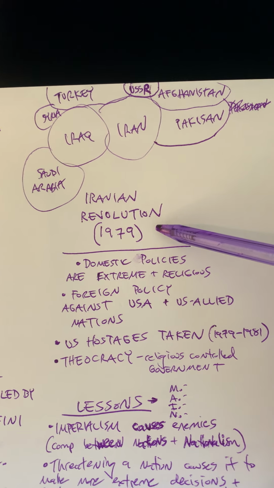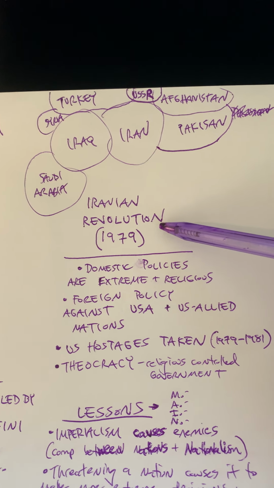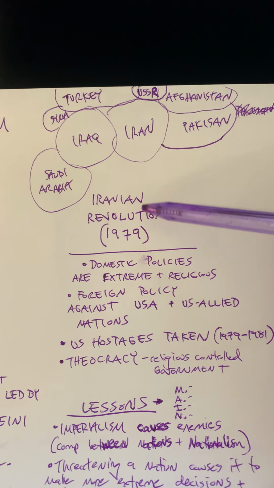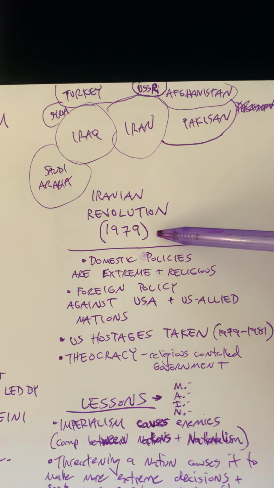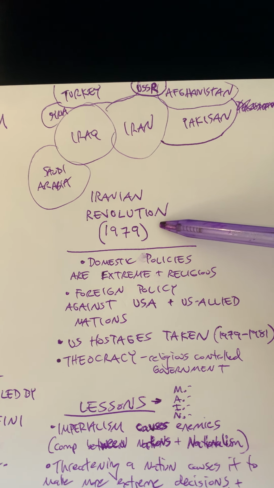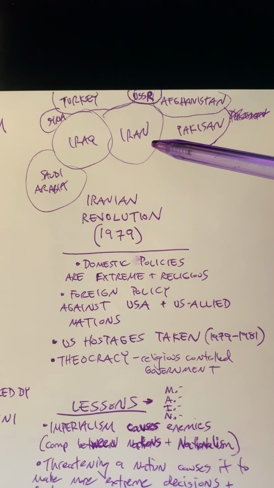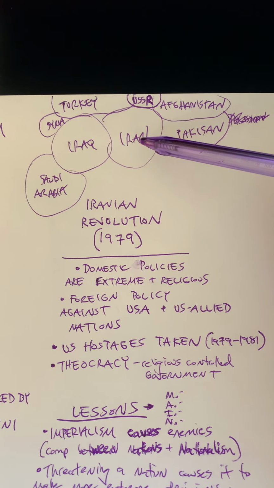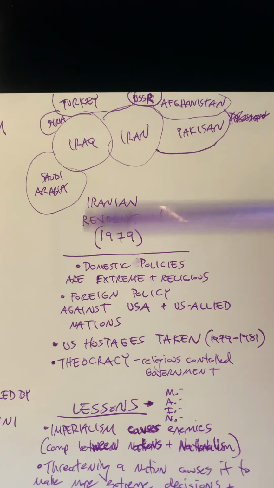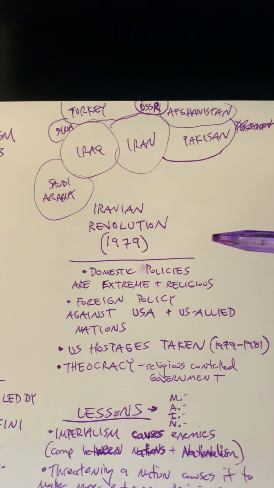But the Iranian Revolution was Iran's successful overthrow of U.S. imperialism. However, U.S. imperialism has continued to threaten Iran, and Iran has continued to threaten the United States' interests.